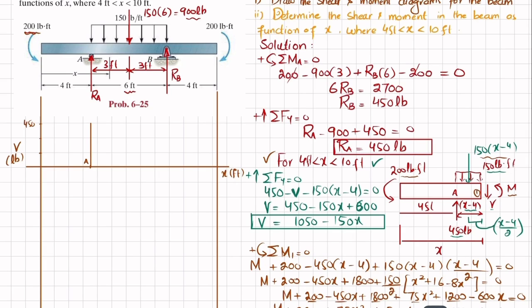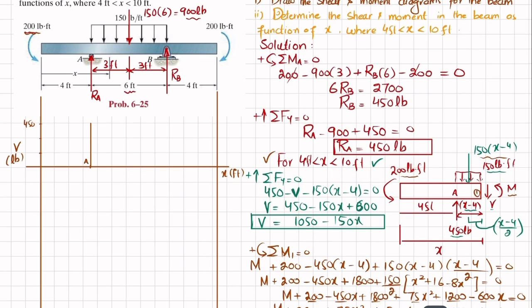Again, you can see that you have this equation of shear force for the region x greater than 4 and less than 10 feet. So this is 4 and this length is 10 feet. If you put x equal to 10, 150 multiplied by 10 is 1500, so 1050 minus 1500 will be equal to minus 450.